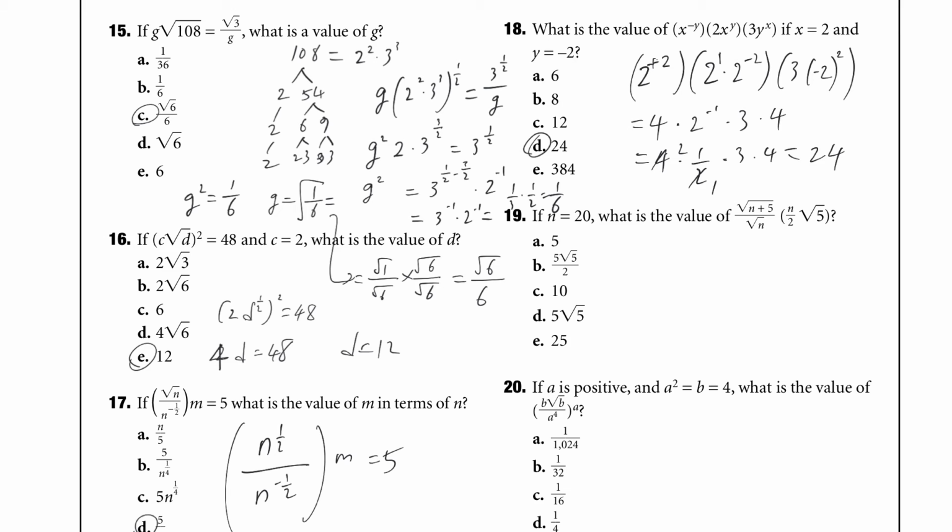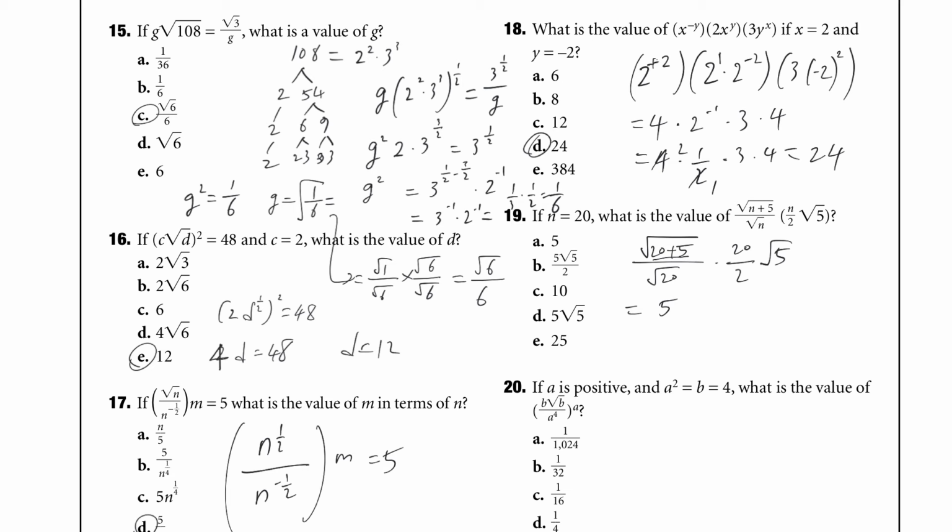Number 19, if n is 20, what is the value of that expression? Okay, so let's plug it in. Square root of 20 plus 5 over square root of 20 times 20 over 2 times square root of 5. Right? Well, first of all, 20 plus 5 is 25, and the square root of 25 is just 5, right?